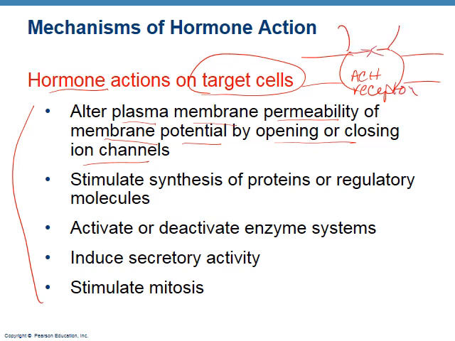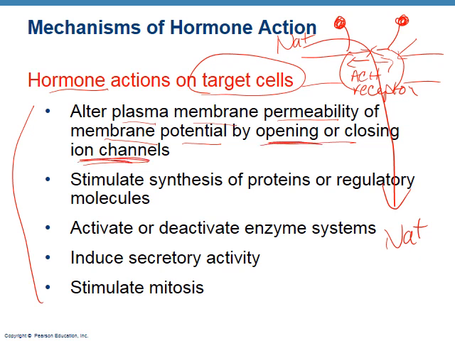But then what happened if acetylcholine bound to it? What happened to the gate? The gate opened, and then what flooded into the muscle cell? We had sodium on the outside, and now the sodium was able to make it through the channel and get into the cell. So a hormone bound to a receptor, and it caused the opening of an ion channel.